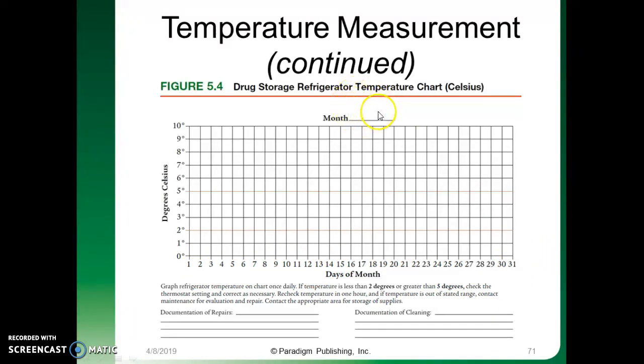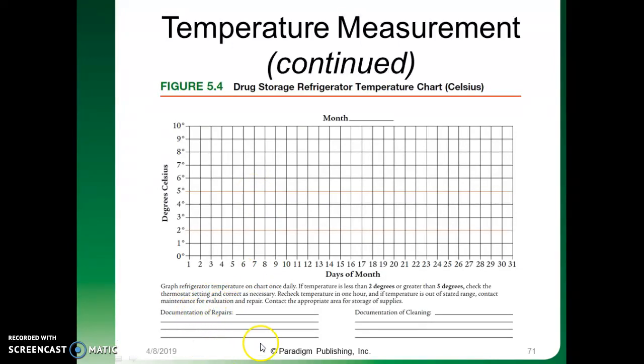You would put the month up here. So if it was, for example, April, you would put April, and you check the temperature on April 7th, and it was between these Celsius values, you would put a dot where the temperature was.